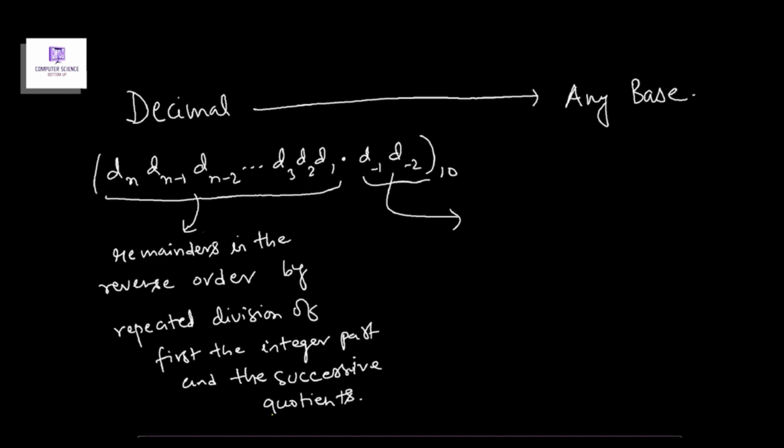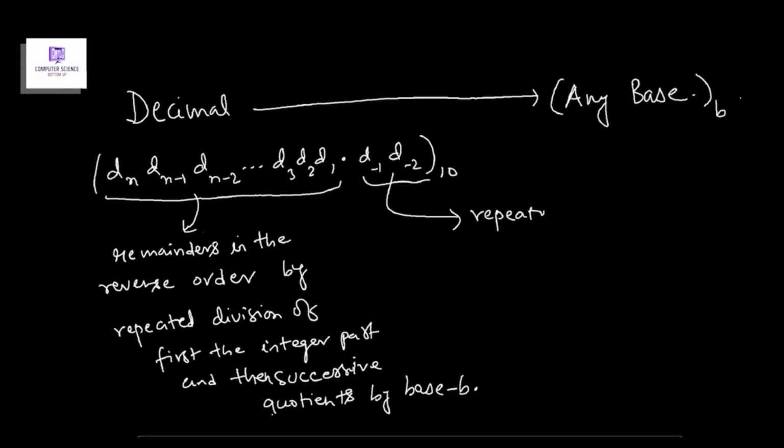In the integer part, you are dividing it with the base, repeated division of the first integer part and then the successive quotients by base b. So let's say this is any arbitrary base b.